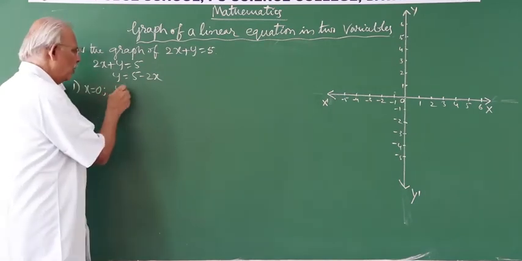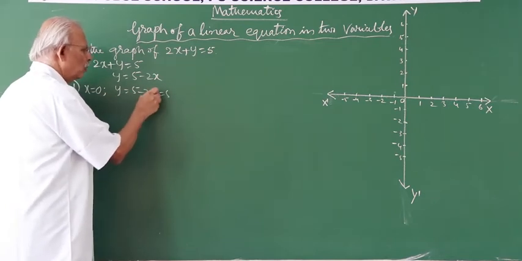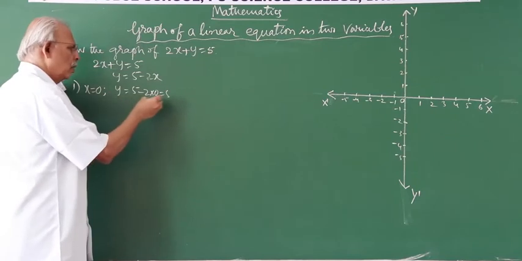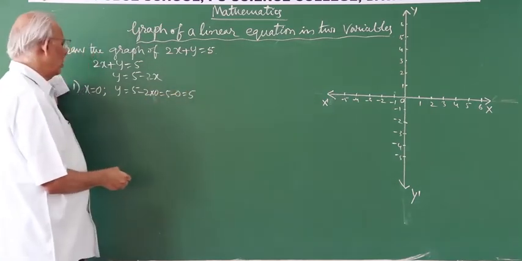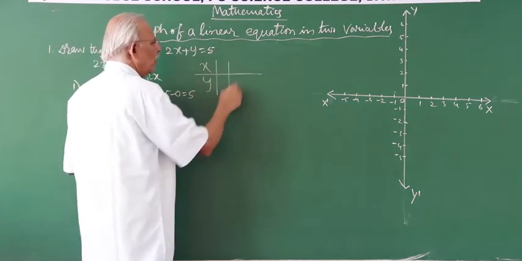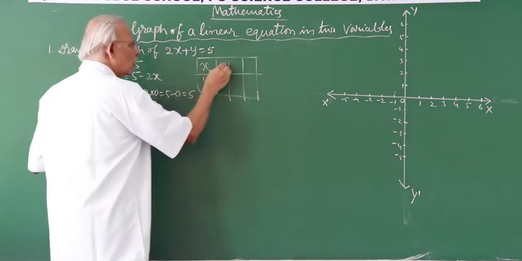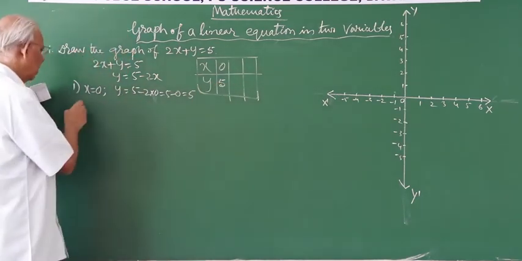Find the corresponding value of y. 5 minus 2 into x, that is, 5 minus 2 into 0. 5 minus 0 means 5. So if you form a table like this for three values, when x is equal to 0, the value of y is 5.